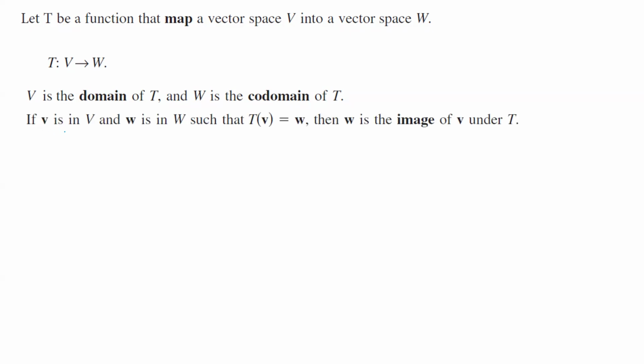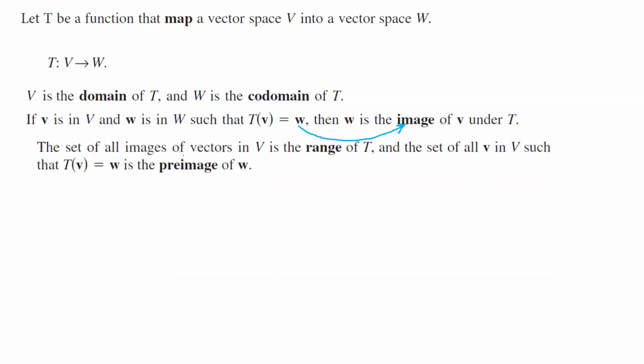If you take a vector in V and take another vector in the codomain W such that T maps V to W, then W is called the image of V under T. So V is mapped to W and W is called the image of V under function T.